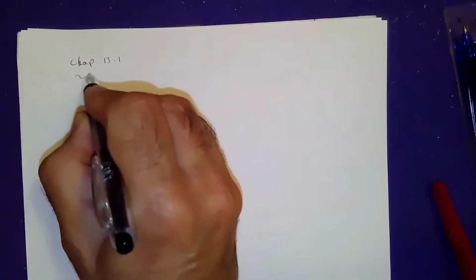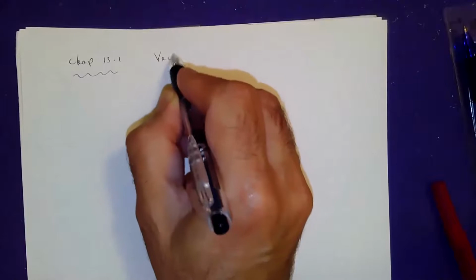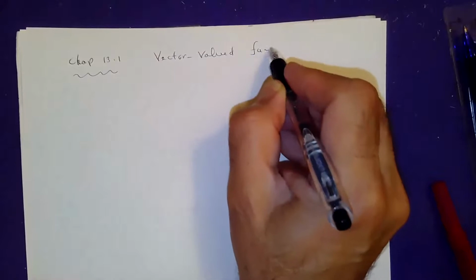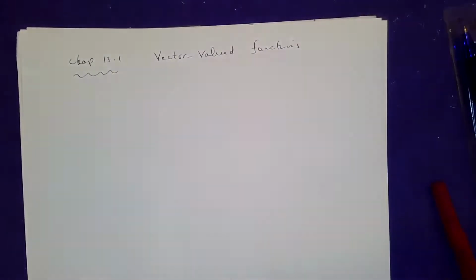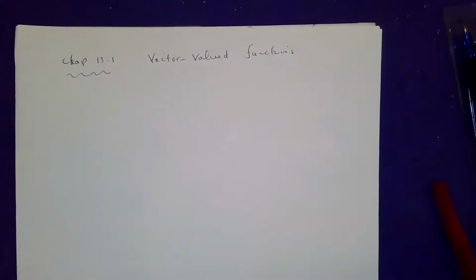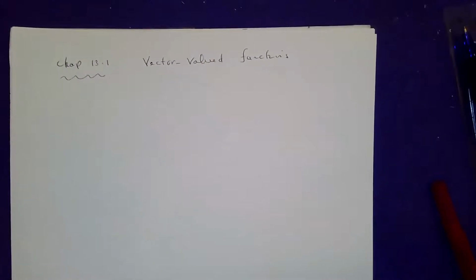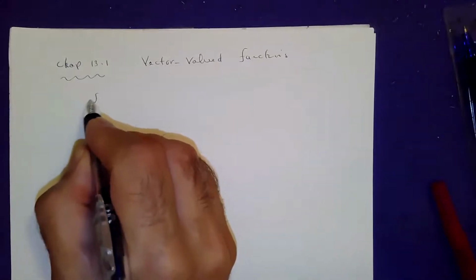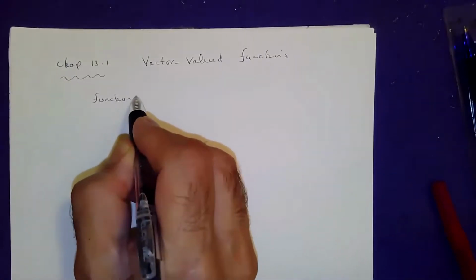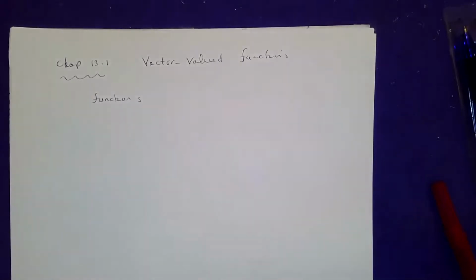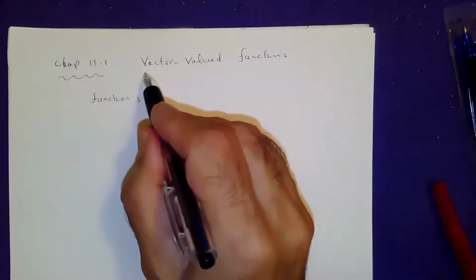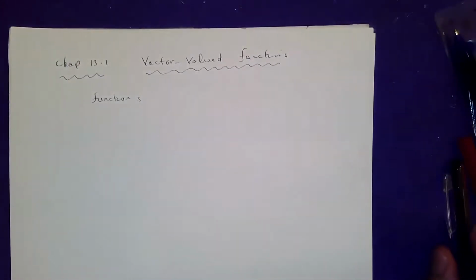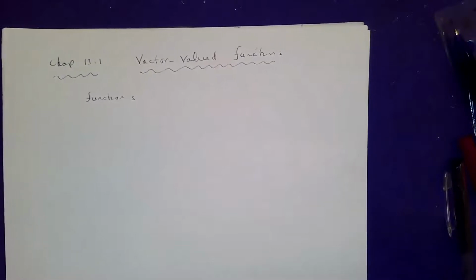let's get to this guy, which is called vector valued functions. The title of this section is: what is a vector valued function? Any guesses? What kind of functions are called vector valued, as opposed to real valued functions?